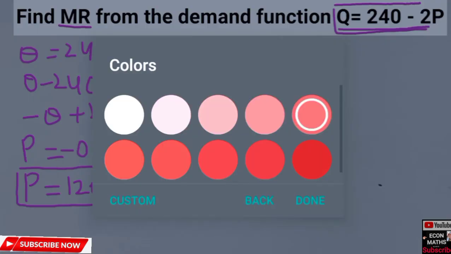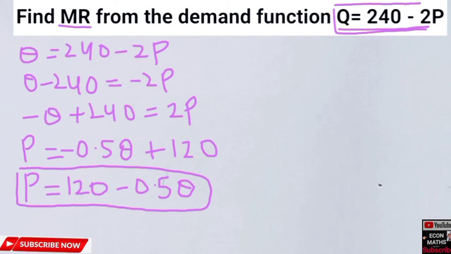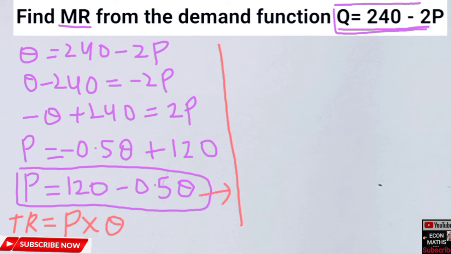Now we have to find the total revenue. Now total revenue is nothing but price times quantity. Therefore I will write here total revenue is equal to price times quantity. Since the price is given here, we multiply this very equation by quantity.